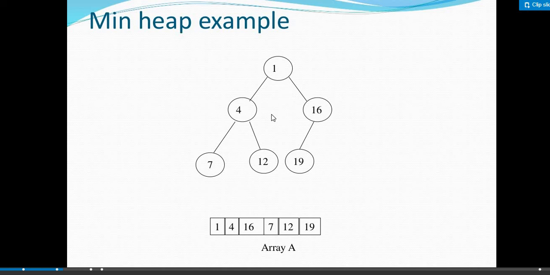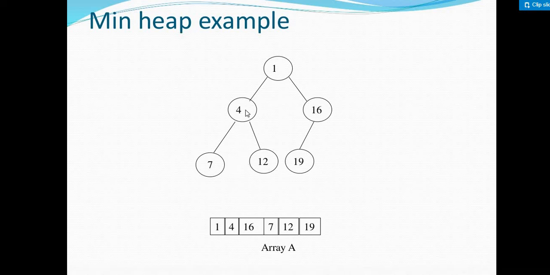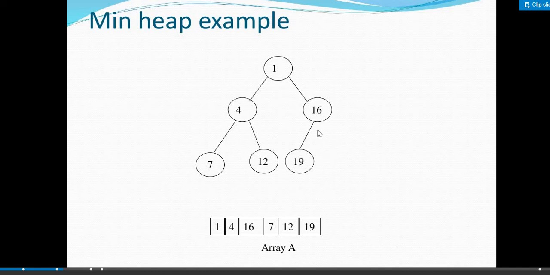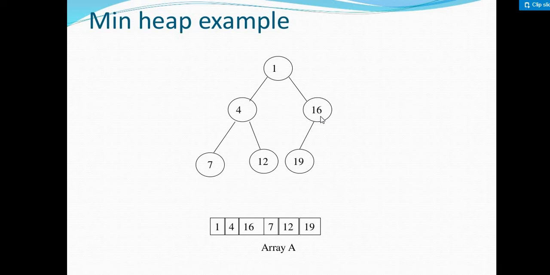If you go to the next level, 4 and 16 are both roots at level 1. For 4, 7 and 12 are the two child nodes, so 7 and 12 are greater than 4, and 19 is greater than 16. That means all the root nodes are smaller than the child nodes.